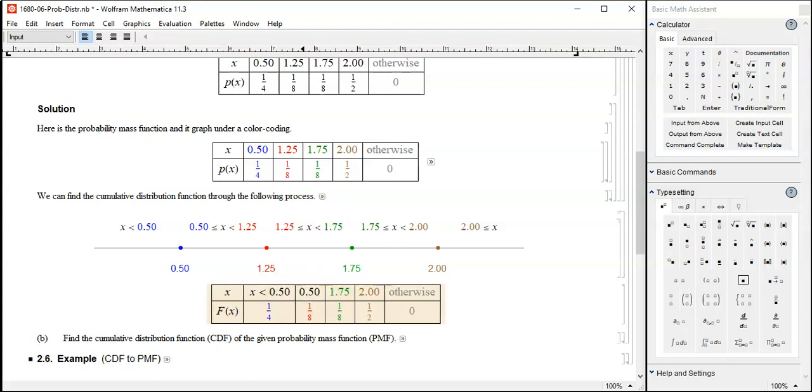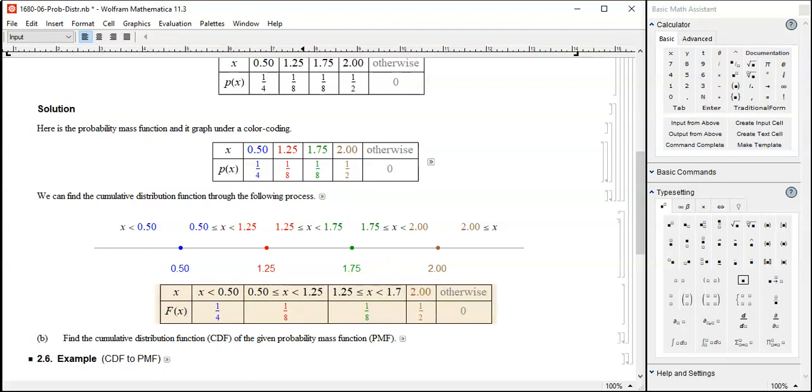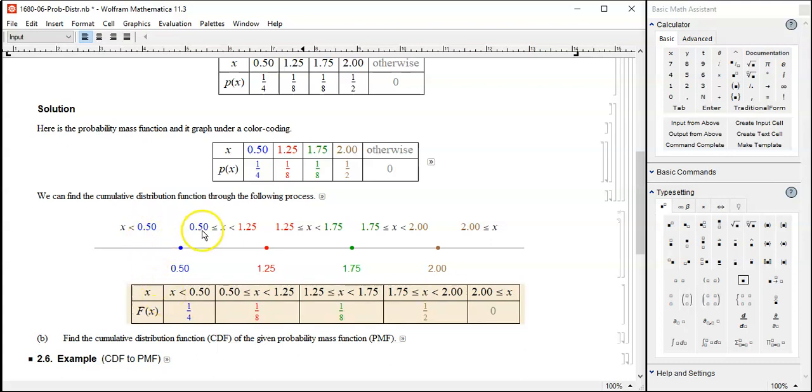Okay, I just got these intervals up there in the diagram down to these.